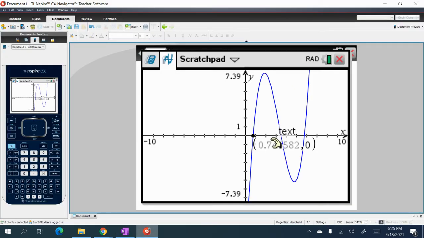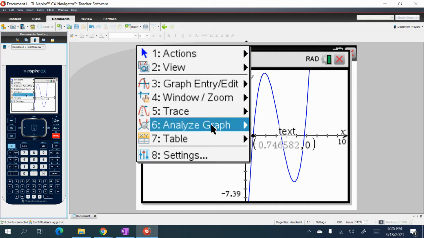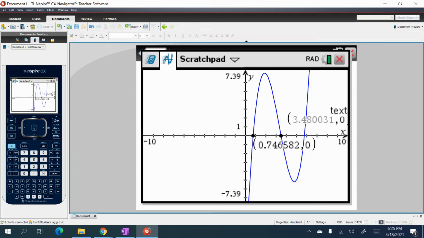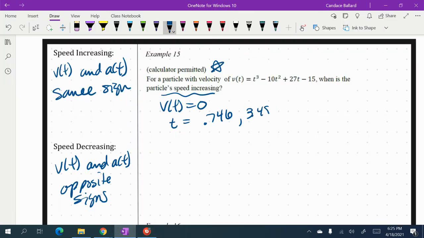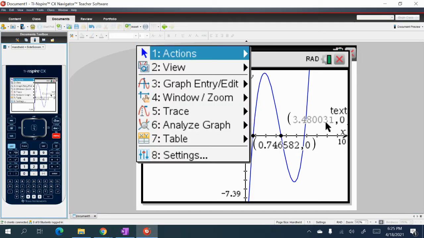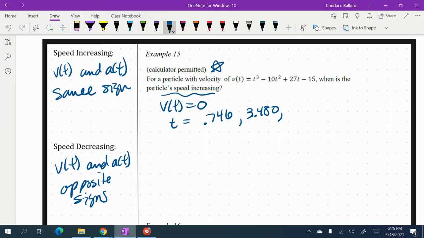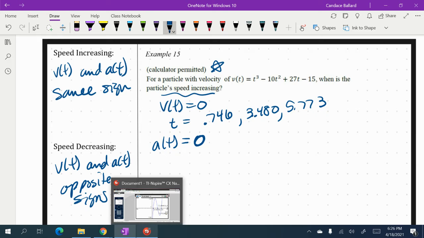Then my next one, Menu, Analyze Graph, 0 to the left, to the right, 3.480, and then Menu, Analyze Graph again. That one says 5.773. It's probably safer to write down more decimals than that. I also need to find out when the acceleration is equal to 0, so I'm going to do that next.